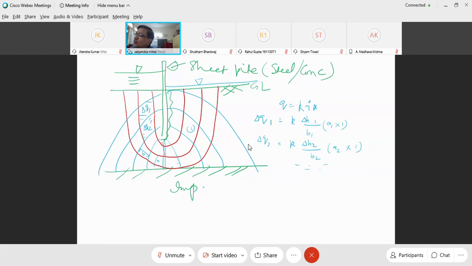Now, as per the fundamental definition, these blue lines are the equipotential lines. So let us say head was this much. It can be H, or say it is again 4 meter.